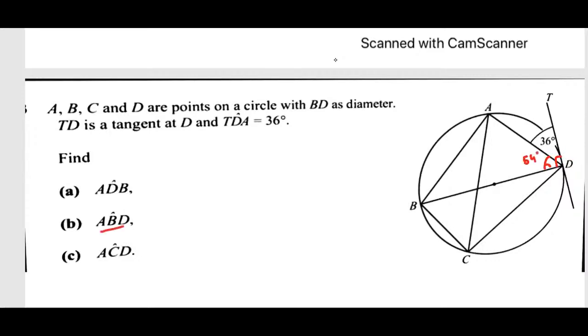Very good. What about ABD? What about this angle? Okay, I'll tell you.